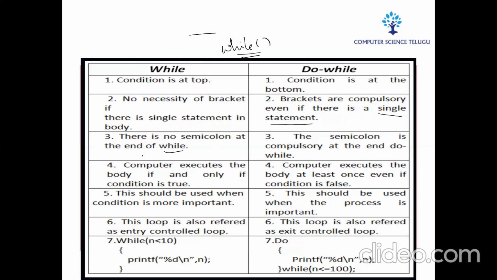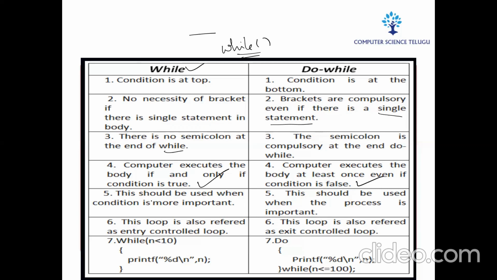Yes. The computer executes the body if and only if the condition is true in a while loop. And the computer executes the body at least once even if the condition is false in do while. We discussed already, even if the condition is false, one time it will execute.